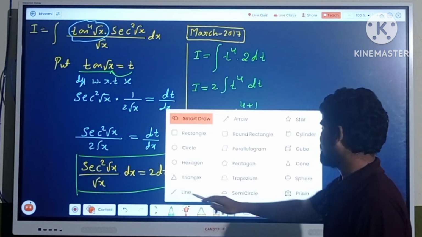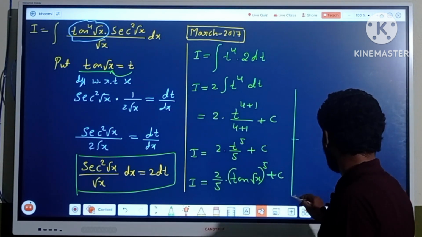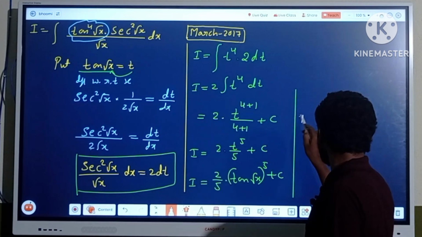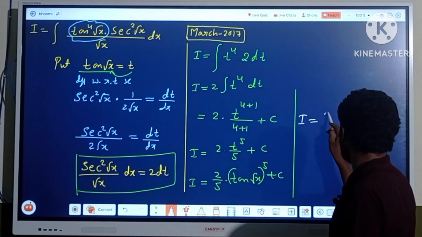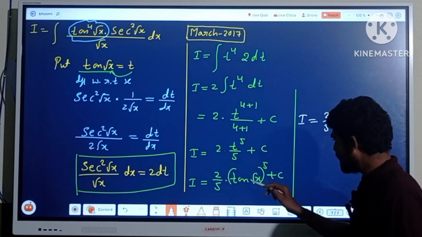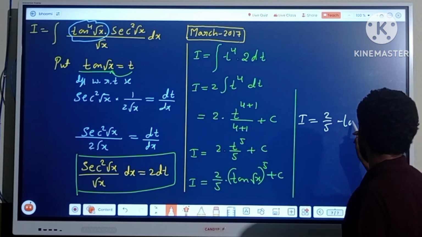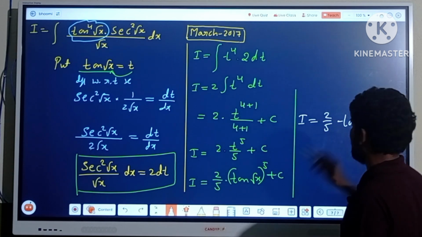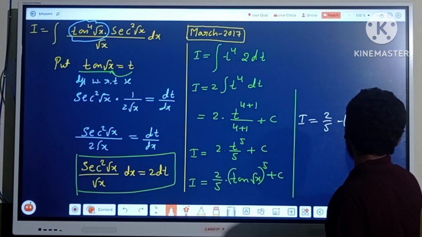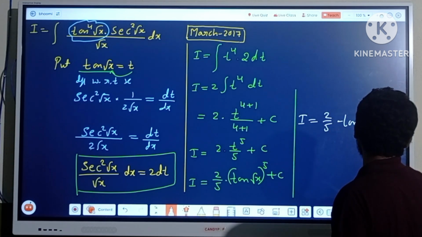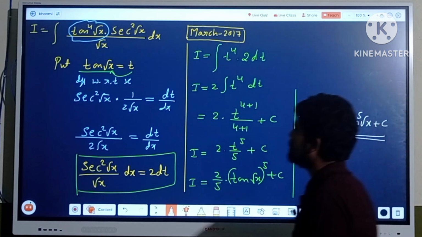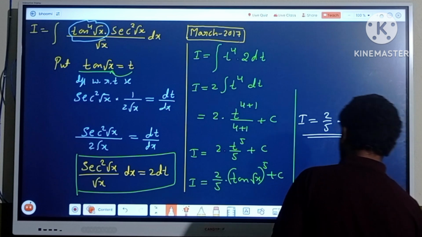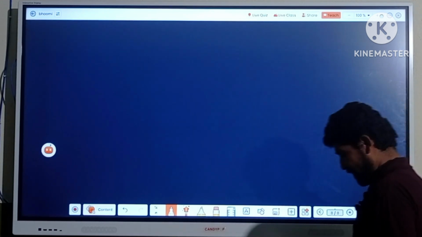Or it can also be expressed as the value of I is equal to 2 by 5 into tan raised to 5 root x plus c. And this is the final answer for the given integral problem. I hope all of you are understanding. Now let us consider one more example.